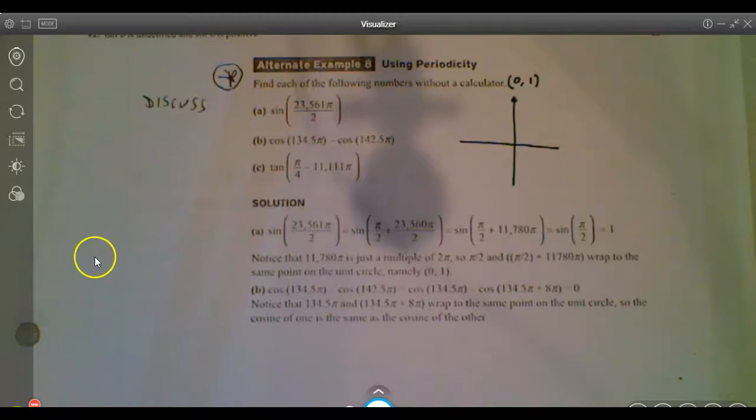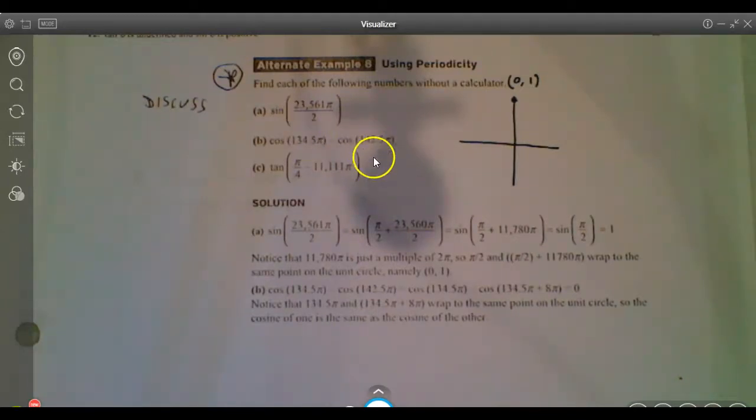If you look at the second one for cosine, it's the same kind of issue. We want to get this into some familiar terms. As you look at this one, neither one of those are values that we would be familiar with, and you can't combine these together, right? I can't subtract these guys when this is something completely different than this one.